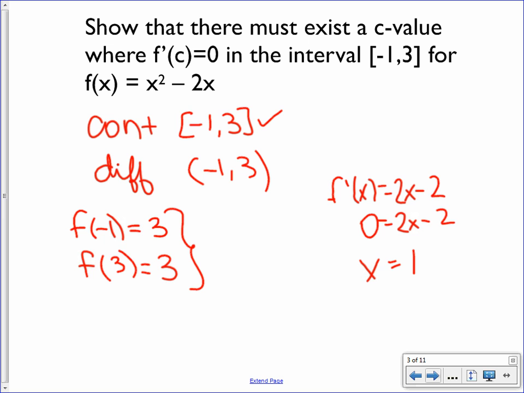We knew there had to be a value. So our c value that they were asking for was 1. That's the x value.